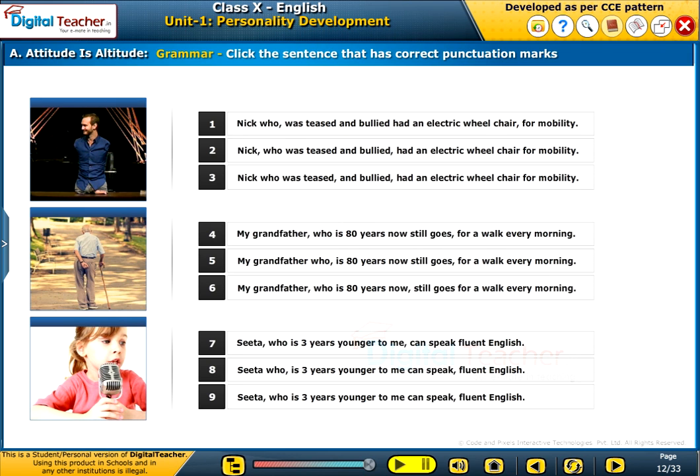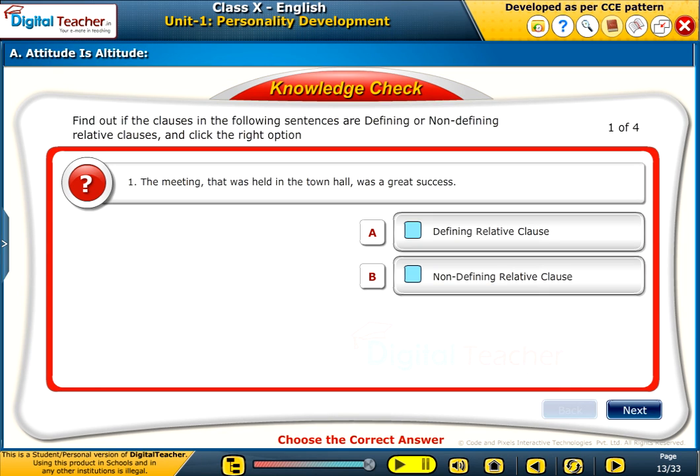Click the sentence that has correct punctuation marks. Find out if the clauses in the following sentences are defining or non-defining relative clauses and click the right option.